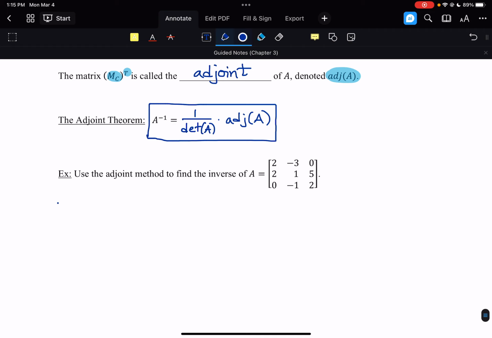So the determinant of A, which just for the sake of time, I'm just going to tell you a lot of this stuff. So the determinant of this matrix is 26. You can compute that. The matrix of cofactors for this matrix. For example, for the 1, 1 component, we block off its row and its column.